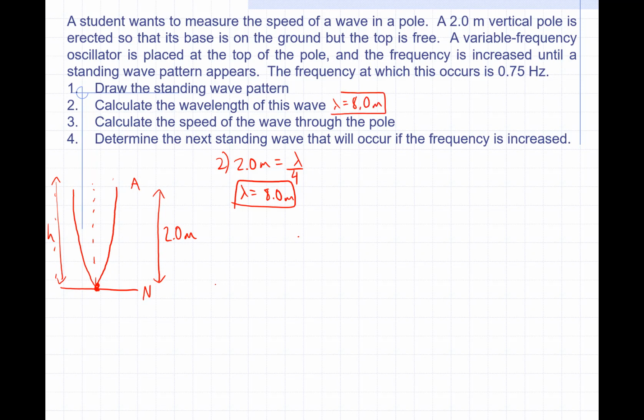Okay, cool. Number 3, calculate the speed of the wave in the pole. So the wave is going down the pole, it reflects on the ground, goes back up, which causes this vibration pattern. And we'll just use wave speed equals lambda times f. We know the wavelength is 8.0 meters. We just measured it.